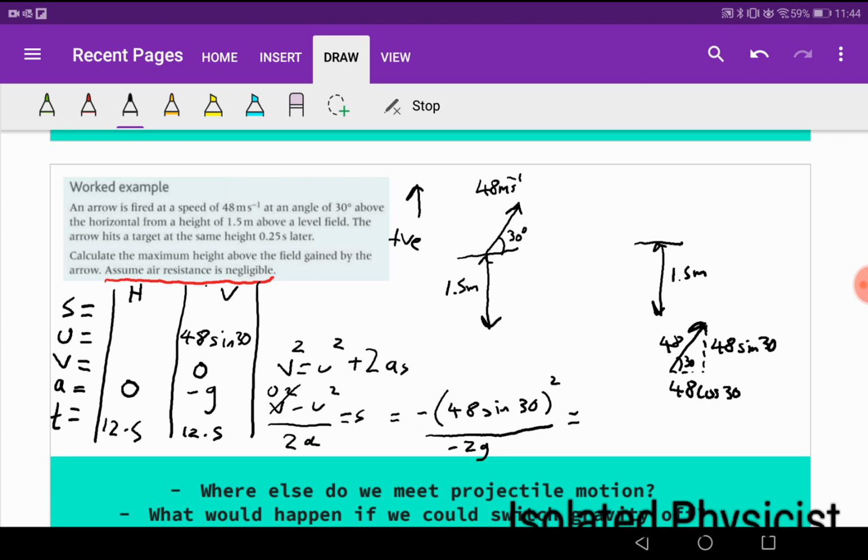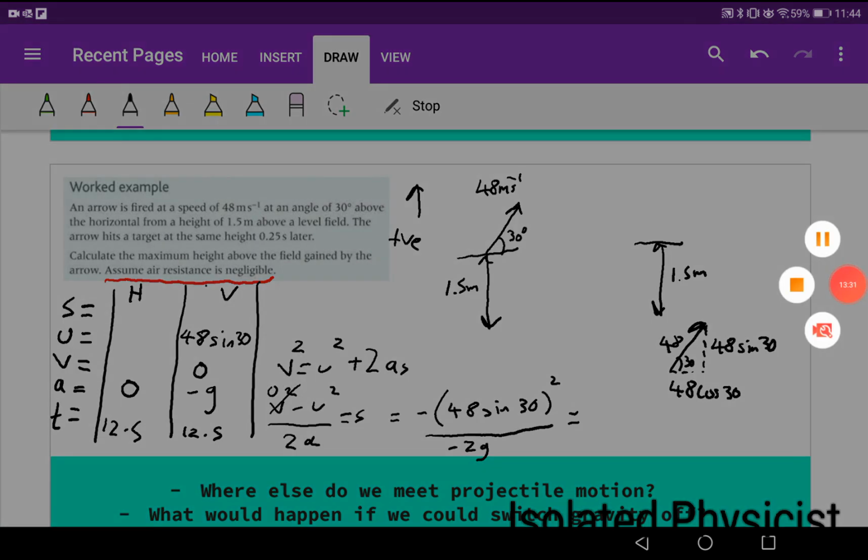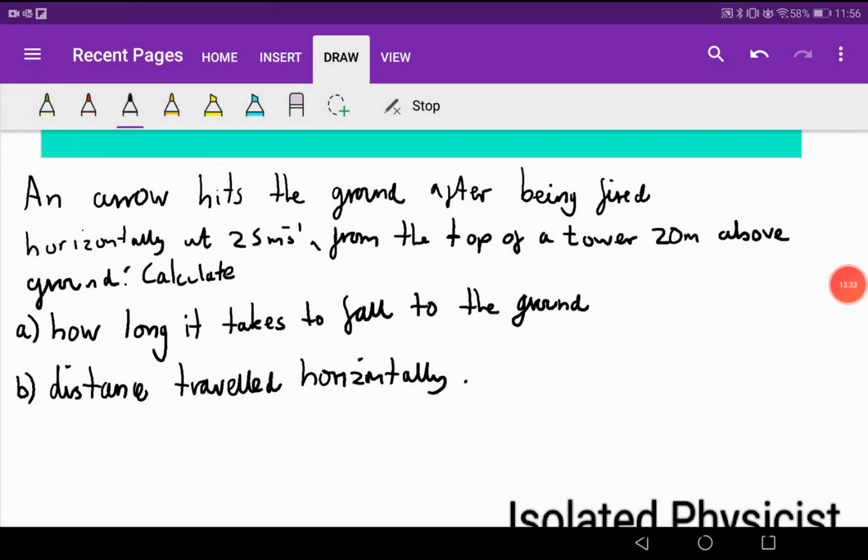And obviously the two minuses cancel out there, so 48 sine 30 squared over 2g. There you go, sorry about that.